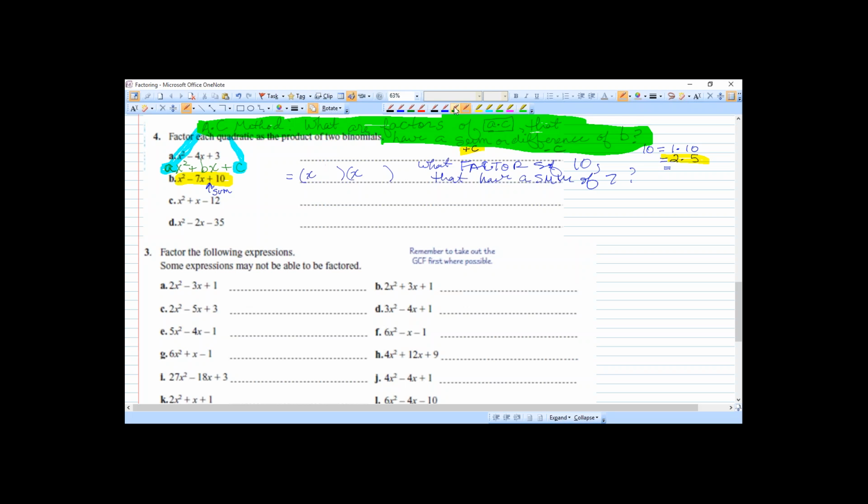So let's go back into the problem. What do we do with the 2 and the 5? The 2 and the 5 give you a way to bring in the factors that are outer and inner. So you want a 2x and a 5x, a negative 2x and a negative 5x, because the 7 has to be negative.